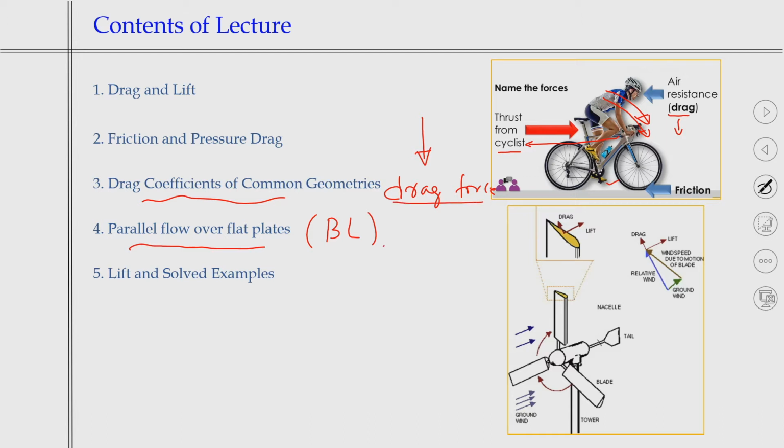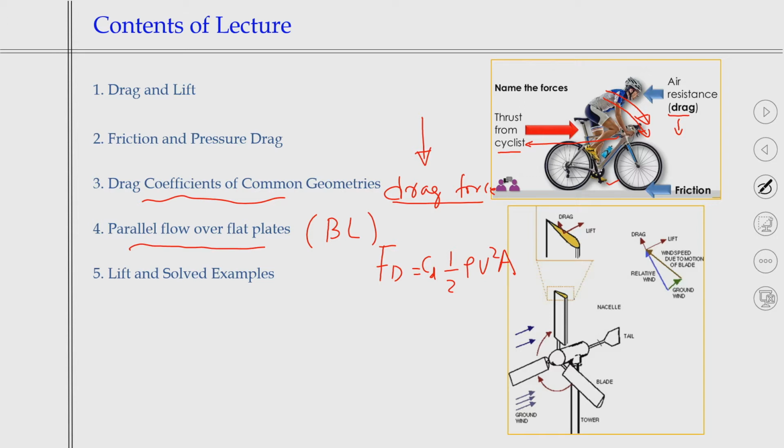Most often we define the drag force as a function of half rho V squared, the dynamic pressure as we discussed earlier, multiplied by CD, the coefficient of drag, times A, the frontal area.